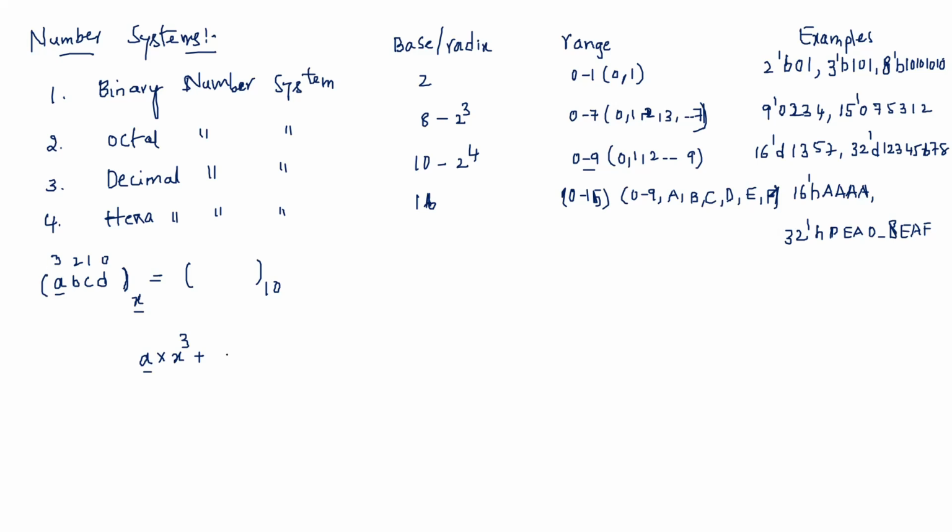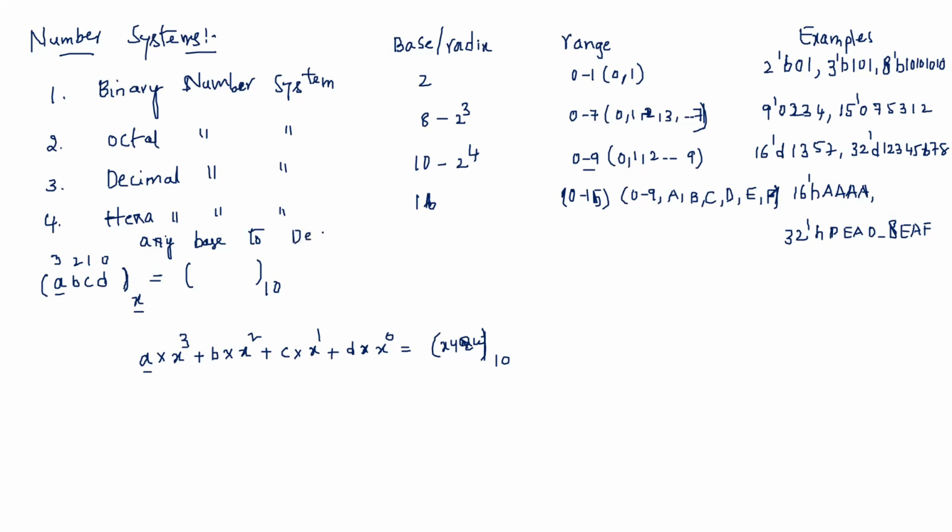Similarly, B into x power 2, plus C into x power 1, plus D into x power 0. In this way, we get the decimal number. So this is the conversion of any base to decimal.